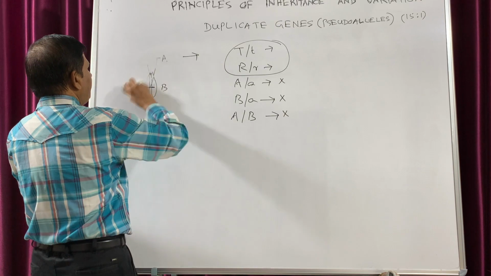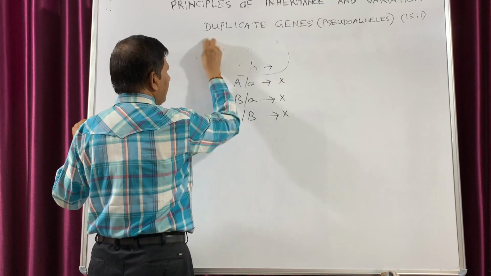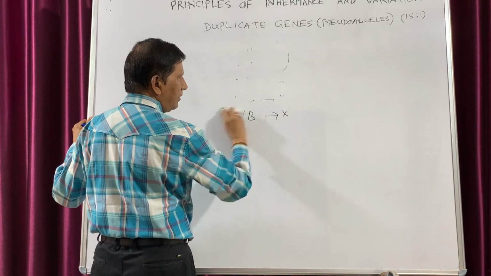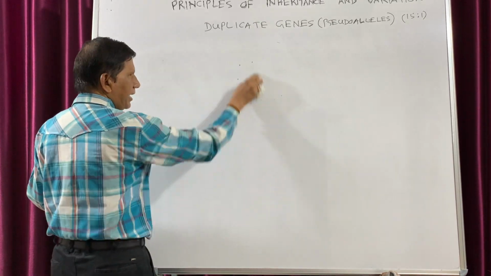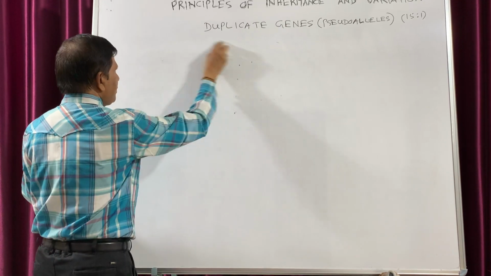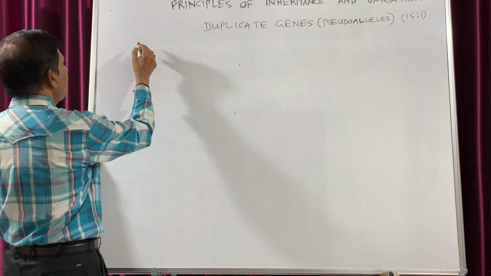One of the very interesting examples for duplicate genes is given by G.S. Searle, or you can say George Searle, in case of shepherd's purse or Capsella bursa-pastoris.